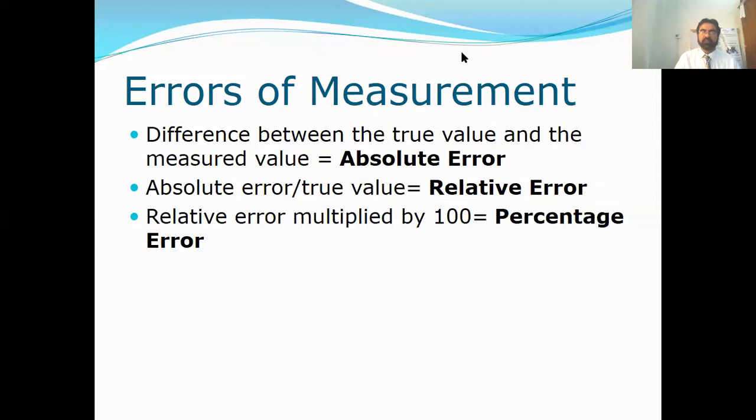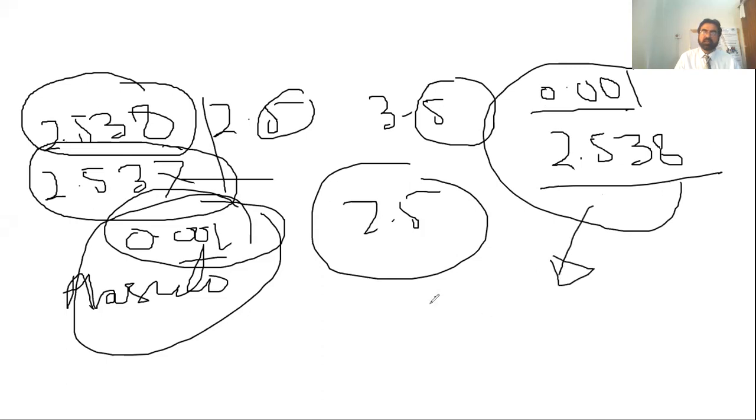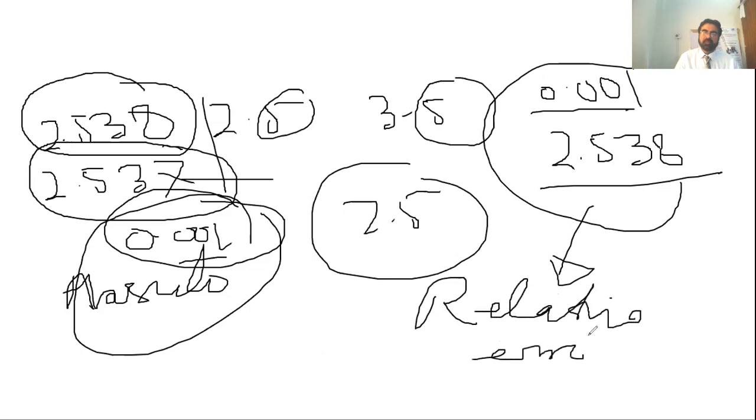It means that if you have this true value and your absolute error is 0.001, then this is what is called the relative error. This is called the relative error.